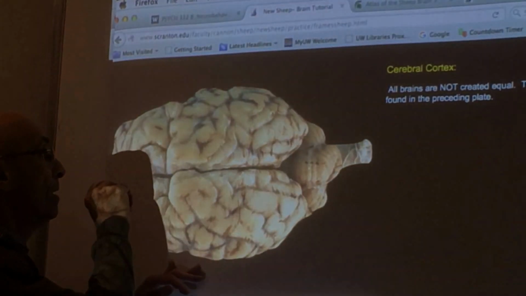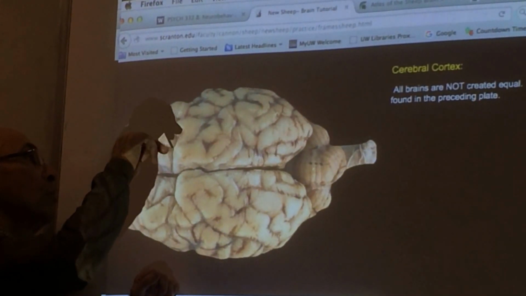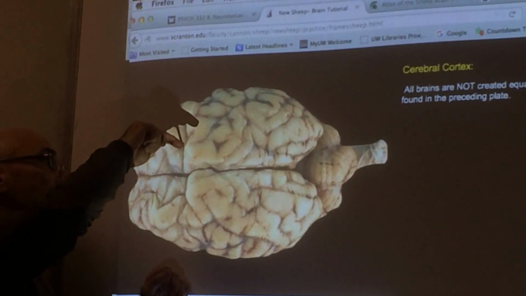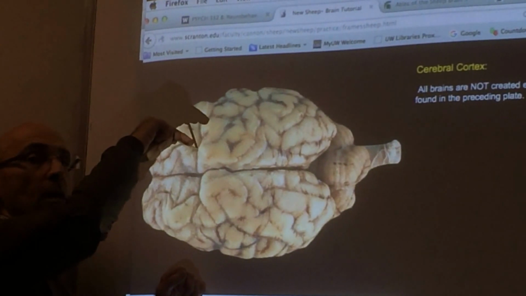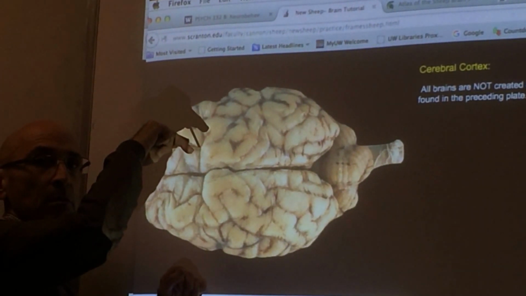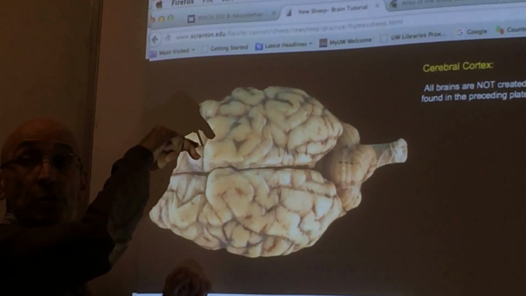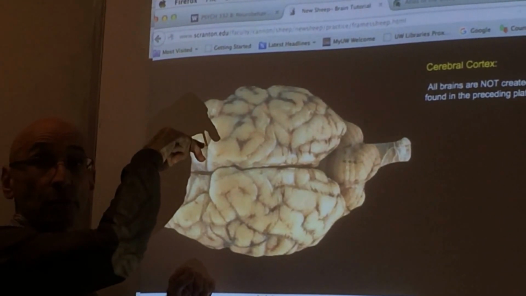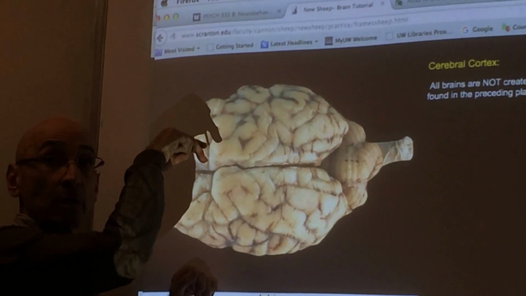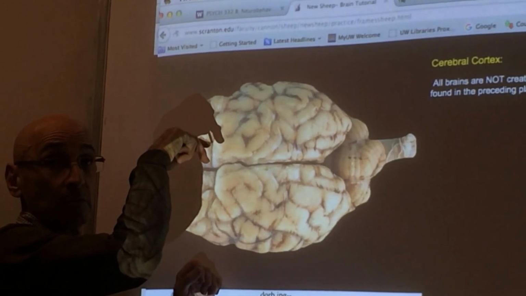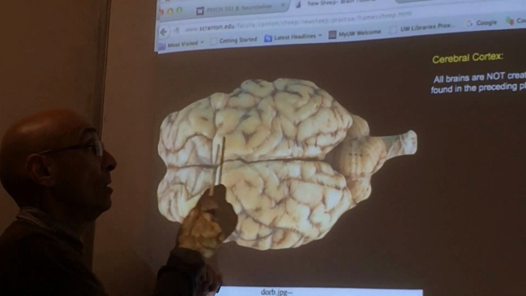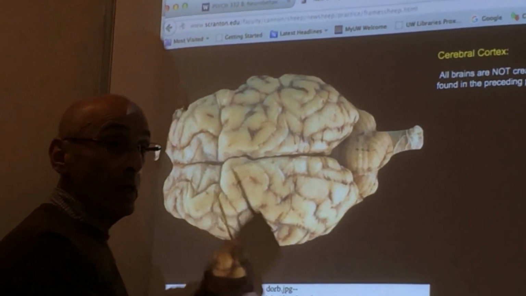So identify, 2-parter. Identify this fissure and identify the lobe caudal to it. So what fissure is it? Cruciate fissure. And what's the lobe caudal to it? Caudal means towards the tail. The parietal lobe. So this marks frontal and parietal lobes.